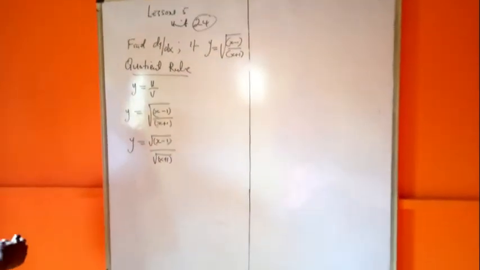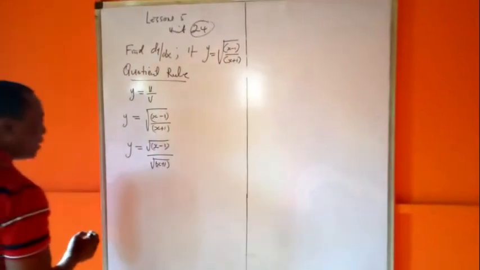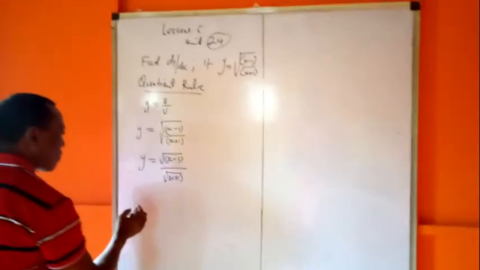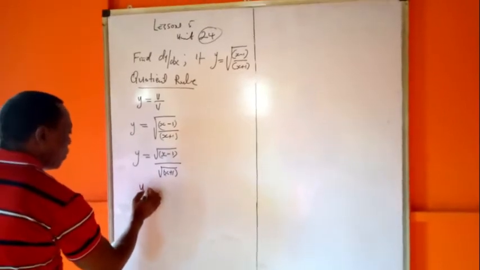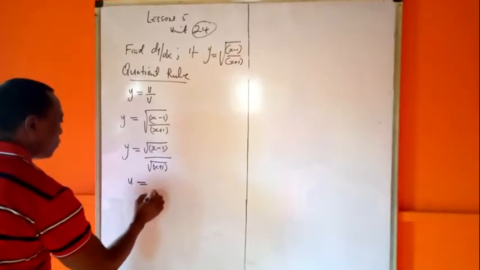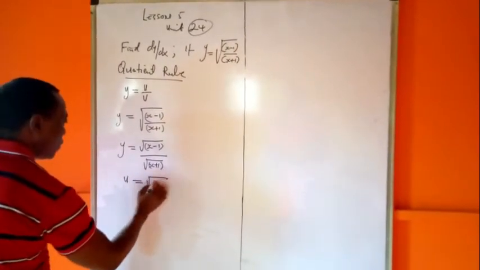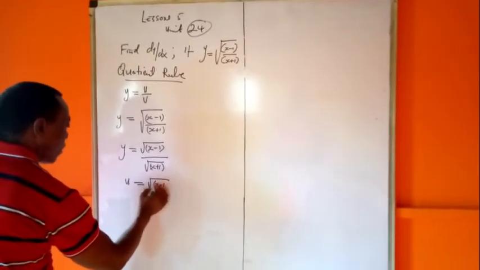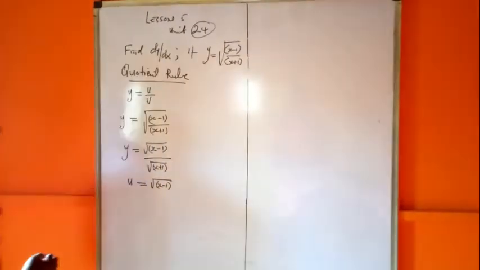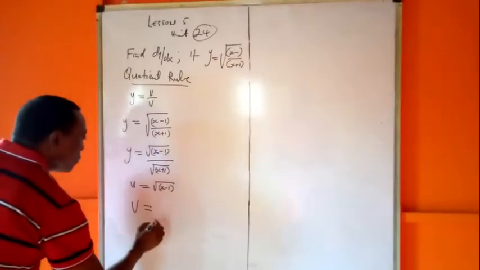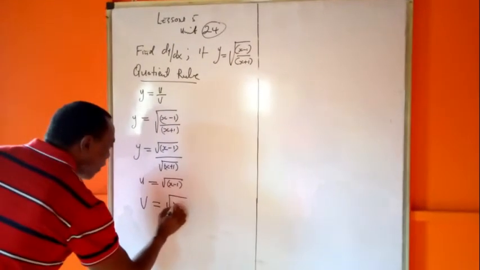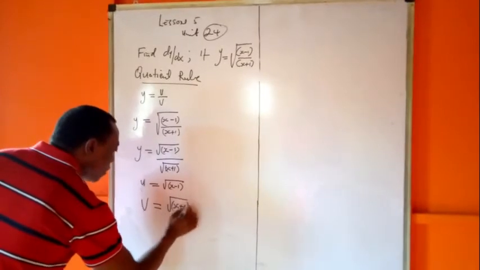So it's understood. We can now say that our u is equal to root x minus 1. Our v is equal to root x plus 1.